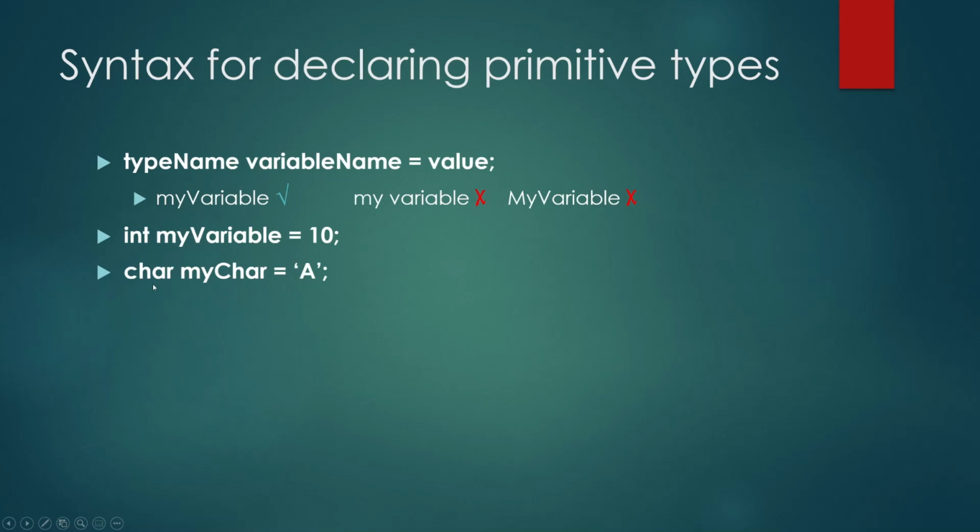Char, that's a character, and that's the variable name, equal to single quotation mark A. Don't worry too much about the single quotation marks and double quotation marks for now. We will go over these when we talk about characters and strings in more detail in the next few videos. So next video, we will start with int, byte, short, and long.